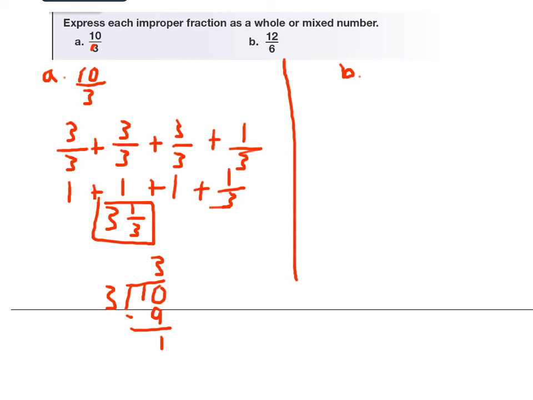My big number comes from my answer up here. So 3 is the big number. And then my numerator comes from my leftovers, my one leftover piece. And my denominator comes from my number on the side. So it's still 3 and 1/3. And again, where did those numbers come from?